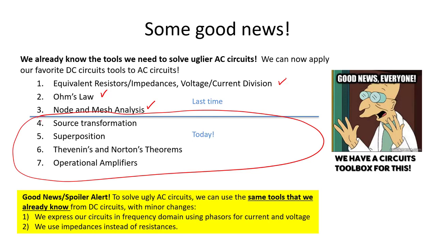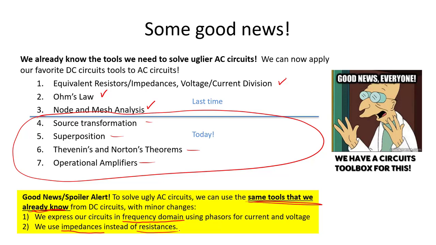We're going to see that to solve AC circuits using these tools, we use the same process we already know with only minor changes. The main differences are that we must first express our AC circuits in frequency domain using phasors, and we have to express our components as impedances instead of resistance, inductance, or capacitance.